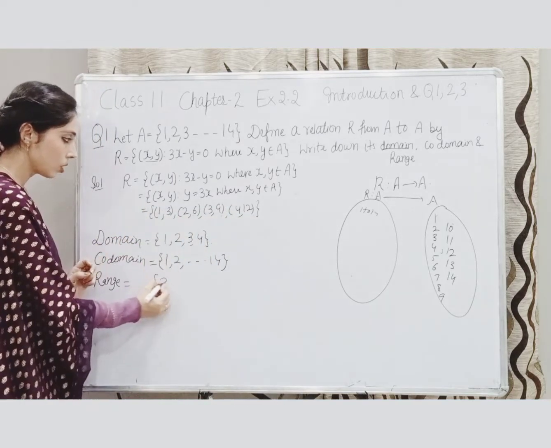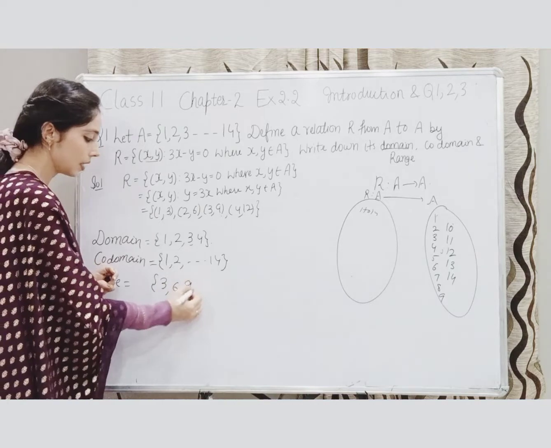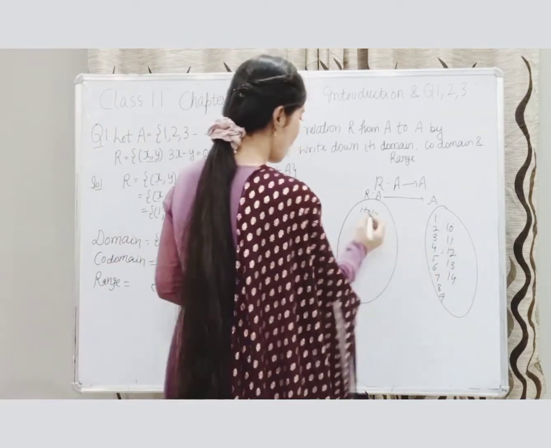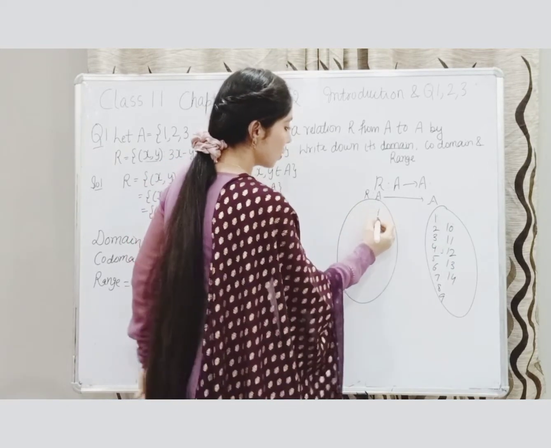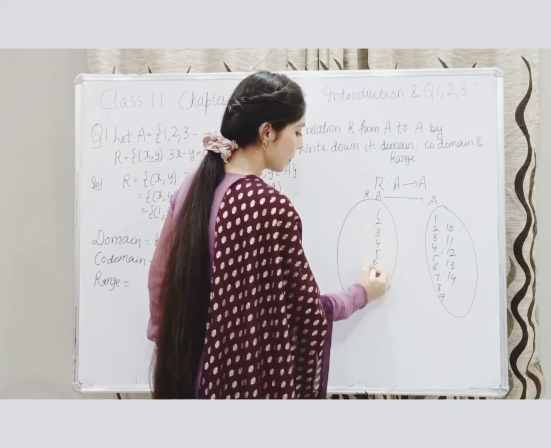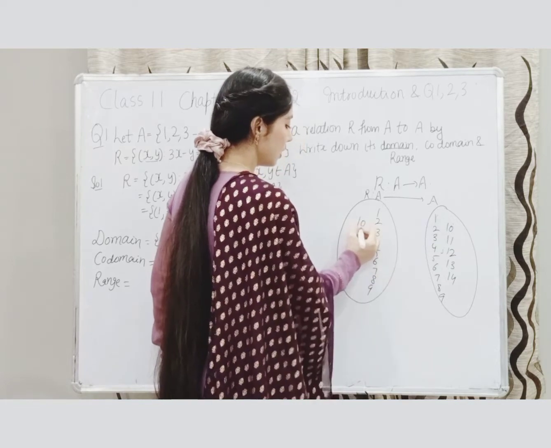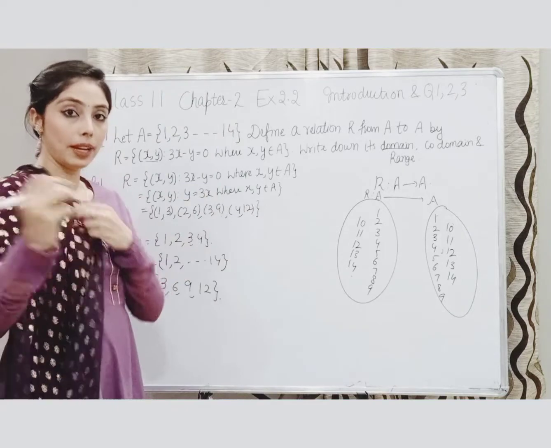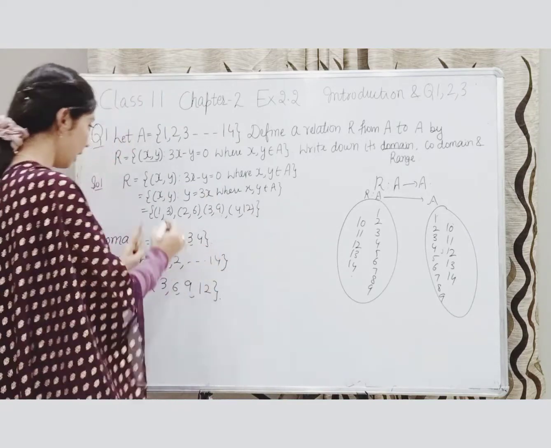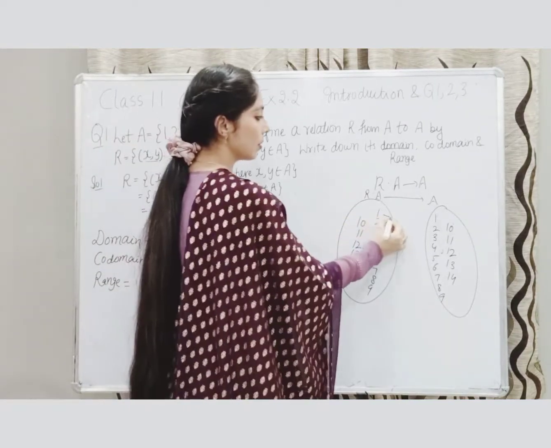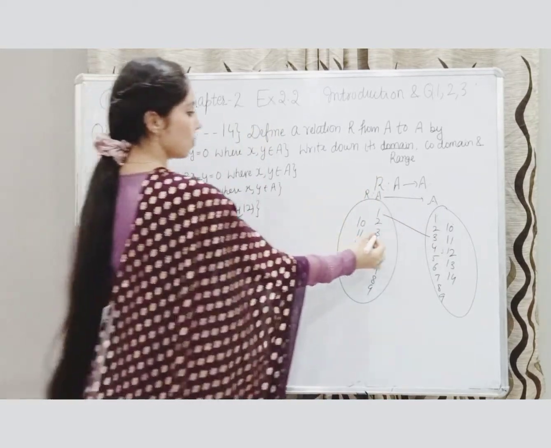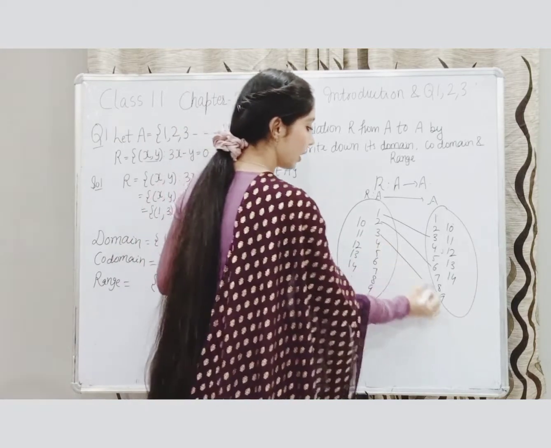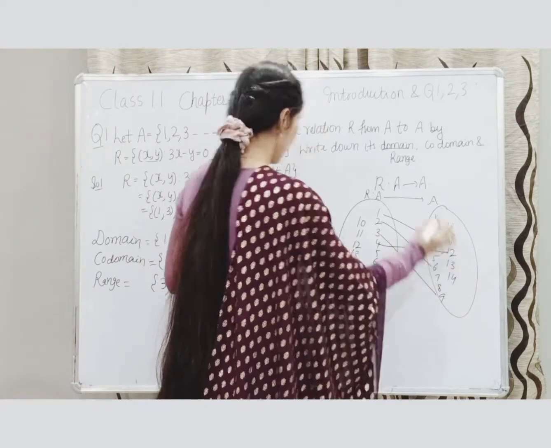So these will be 3, 6, 9 and 12. By the arrow diagram we can easily observe that 1 goes to 3, 2 goes to 6, 3 goes to 9, and 4 goes to 12.